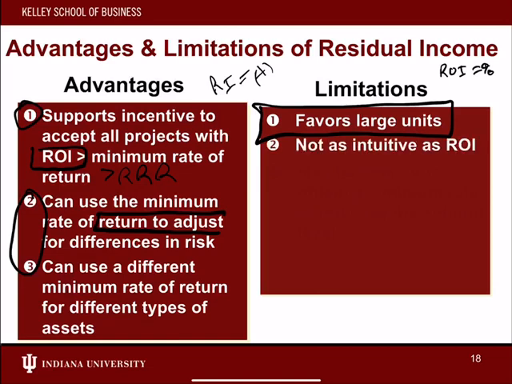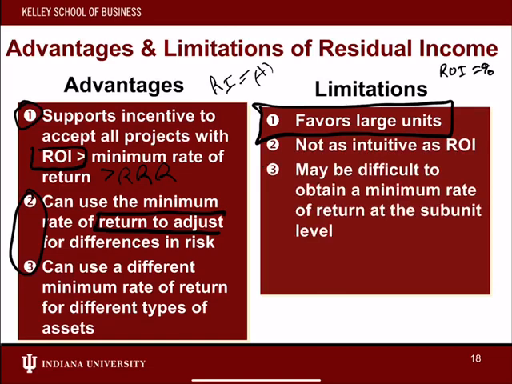It's not as intuitive as ROI. And this is kind of what we were just saying, that the smaller you are, the more difficult it will be to often hit a minimum rate of return. And as you get into these small subunits or small divisions, that becomes more and more difficult.